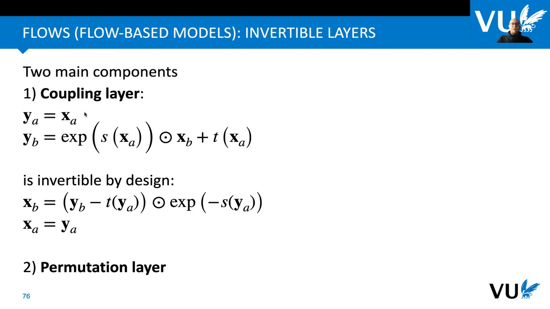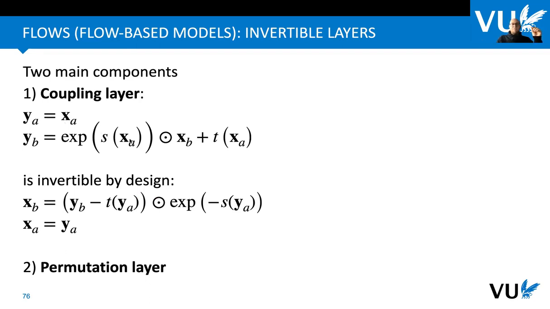The idea is that we cut the input into two parts, not necessarily of the same shape, but this is what is typically done. Then we treat the first part completely unchanged. We don't do anything with the first part.